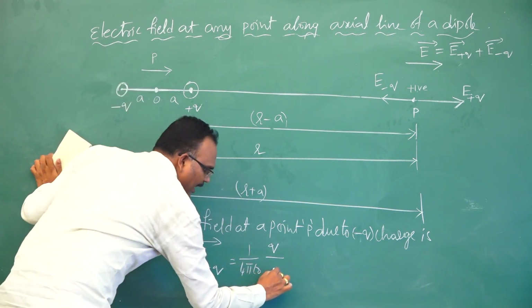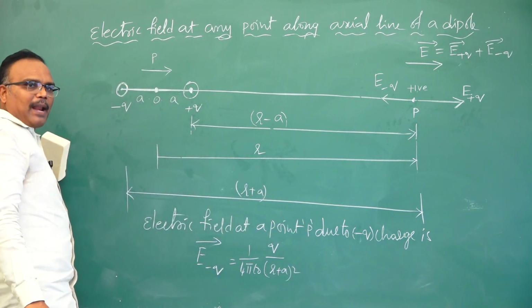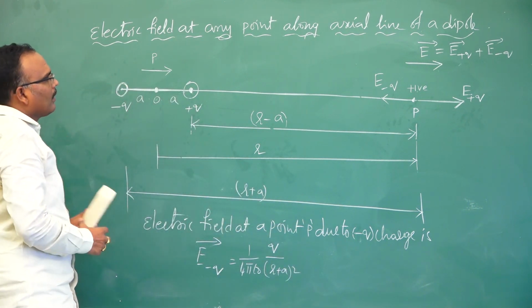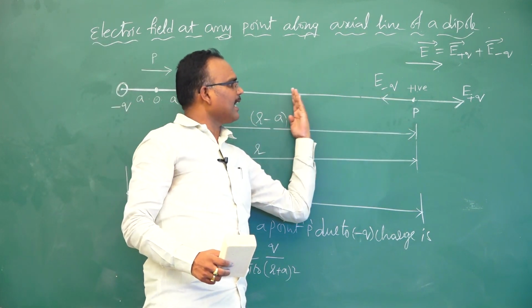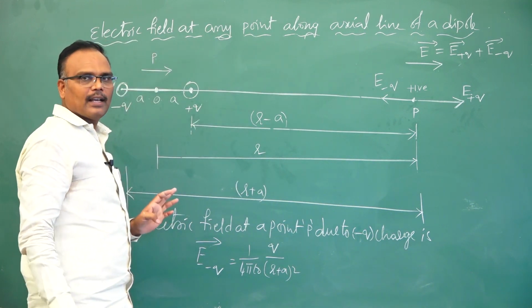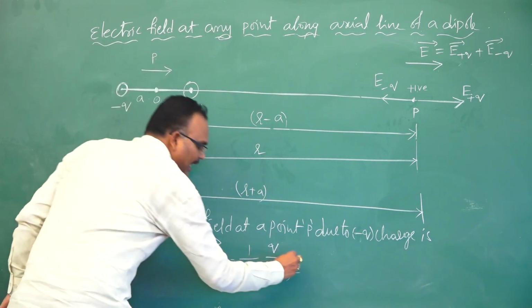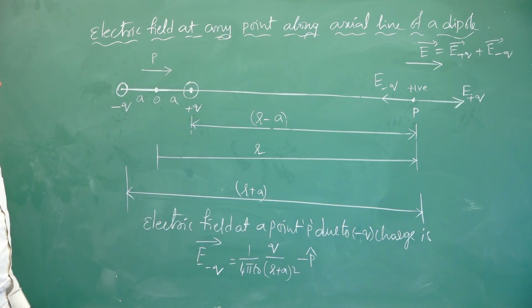Distance is (r plus a) whole square. Now I need to multiply with the unit vector. See here, electric field due to negative charge is in this direction. Dipole moment is opposite to it. So that's why I have to multiply with the negative unit vector, minus p cap.